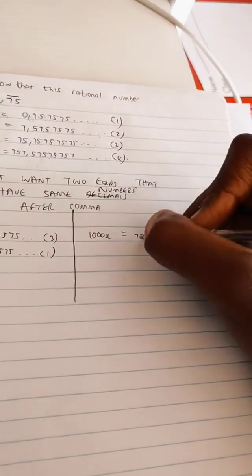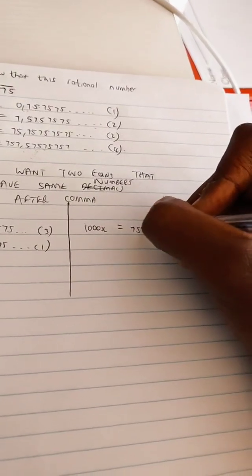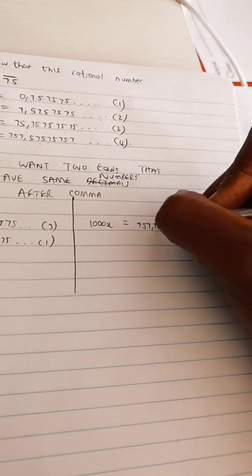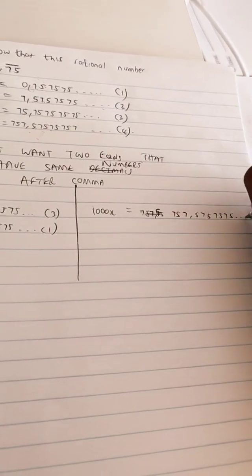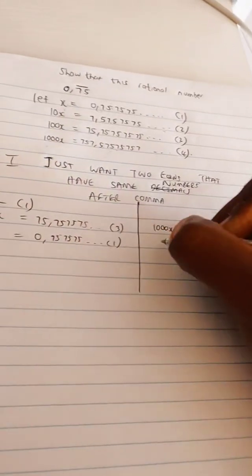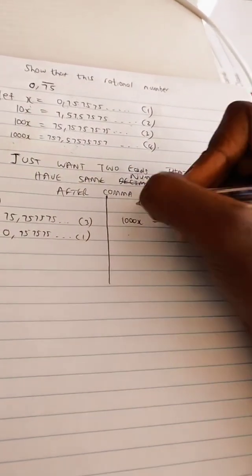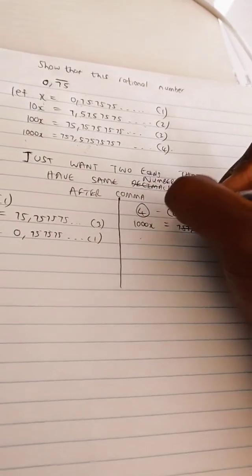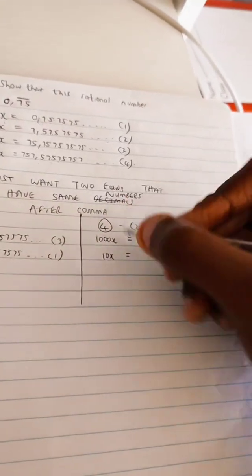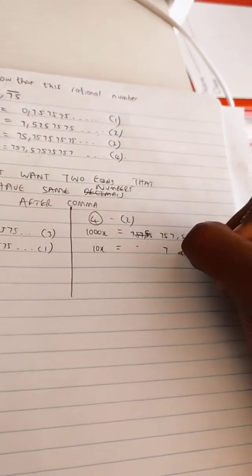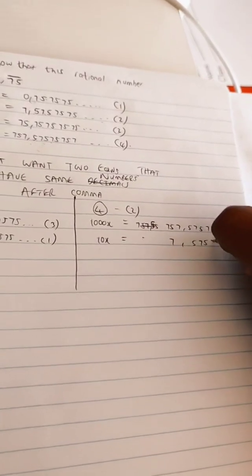So let's say 1000x is equal to 757.5757, and here equation 4 minus equation 2: 1000x minus 10x is equal to 7.5757.